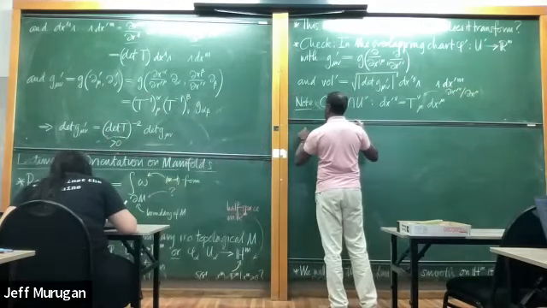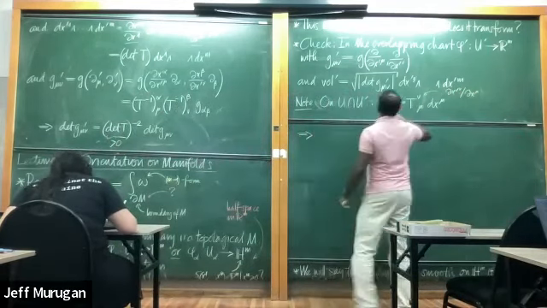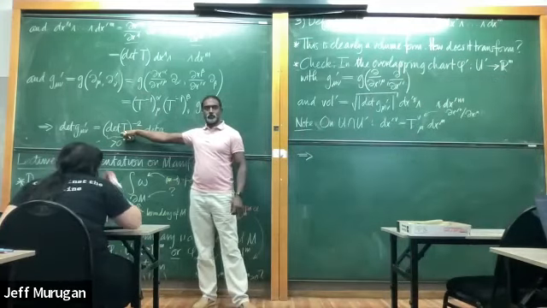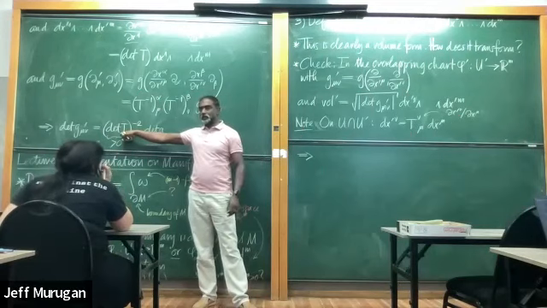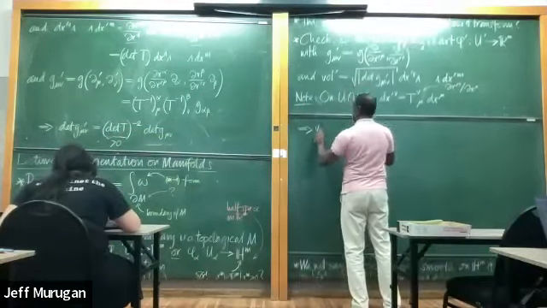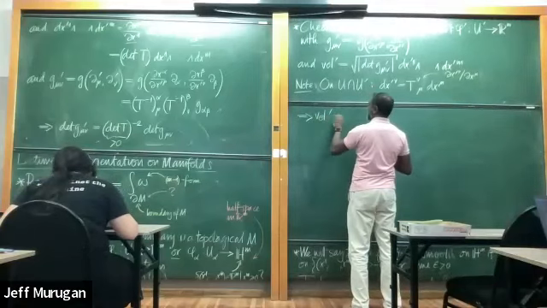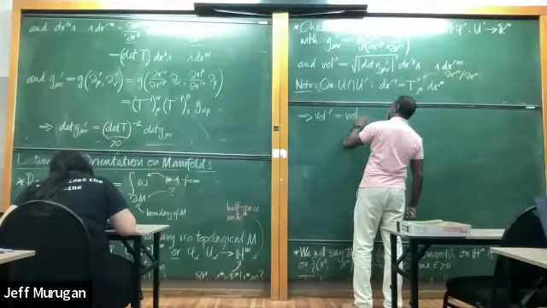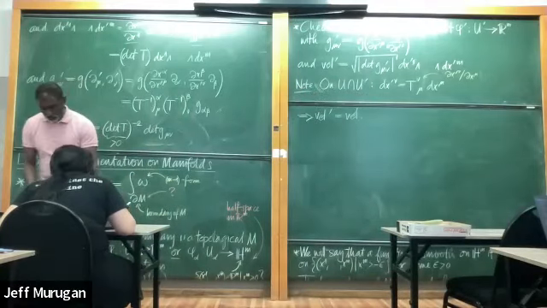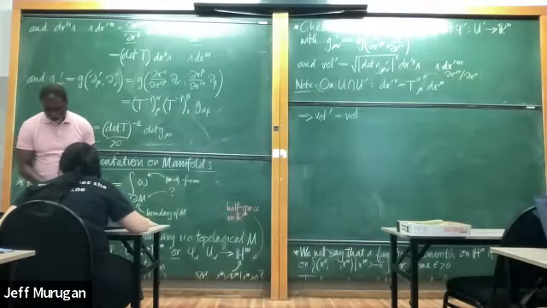It follows that I get one factor of the determinant of T from here, and one factor of one over the determinant of T from there, which means that vol prime is the same as vol, and indeed the volume element is invariant.